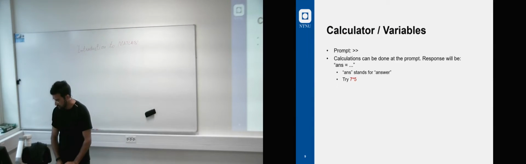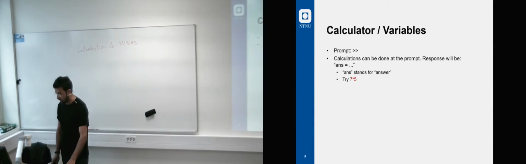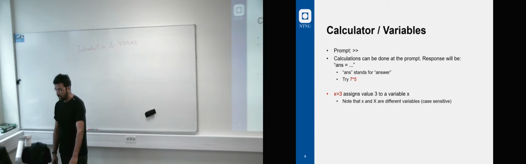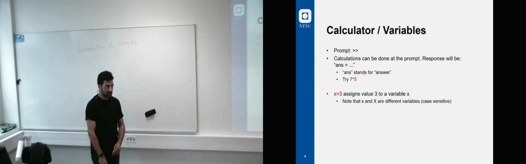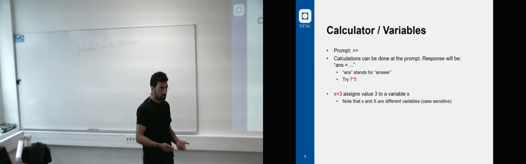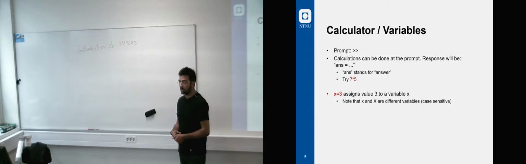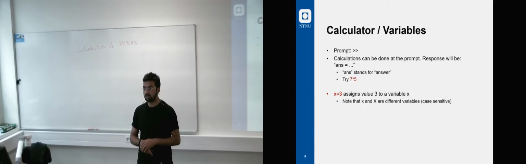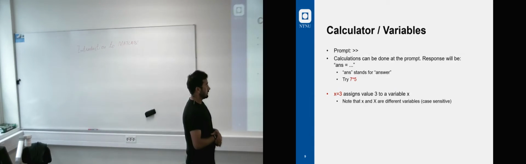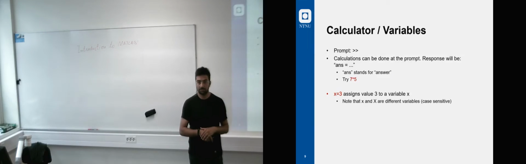What we can do, as I told you earlier, is have variables where you can store your values. If I do the previous statement again, I can store the values in variables.